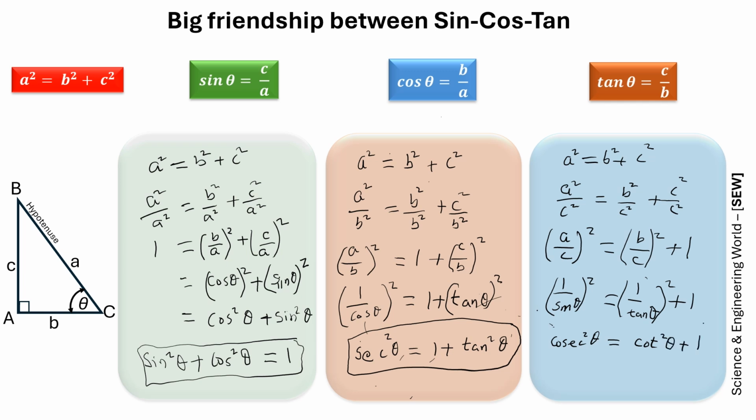So we can write our expression as cosec squared theta equals cot squared theta plus 1.